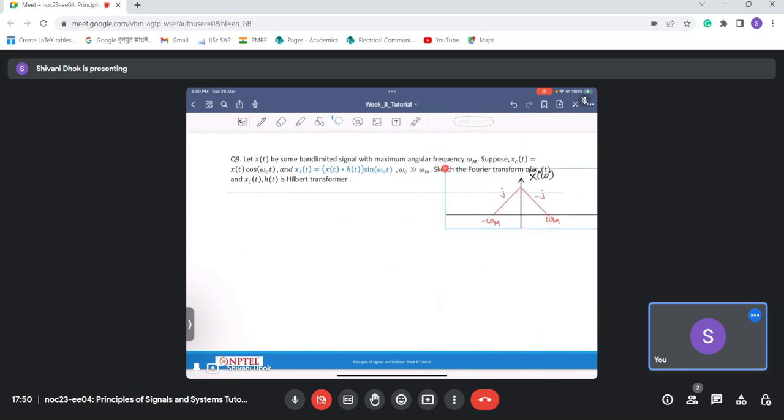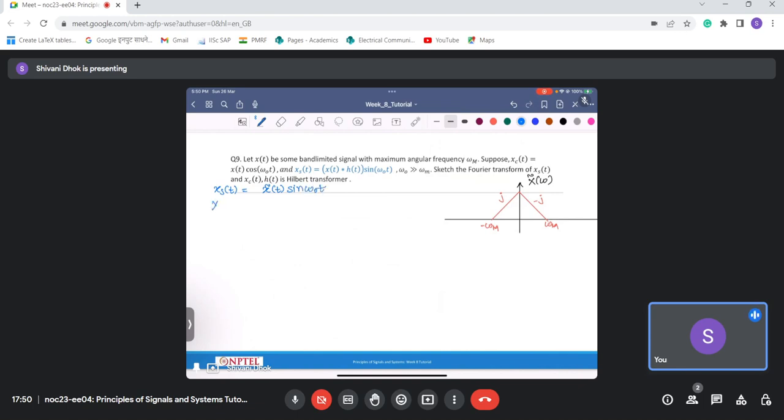But basically what we need to find is the Fourier transform of x of t, where x of t is equal to x tilde of t multiplied by sine of omega naught t.